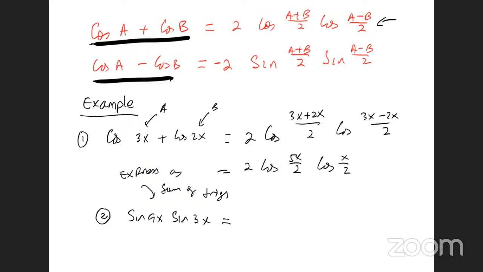So what we'll have to do is check and see which of the rules have sine and sine. The only rule that has sine and sine is cos A minus cos B. So we're going to have to find a way to compare it. We could compare this to minus 2 sine (A plus B) over 2, sine (A minus B) over 2.